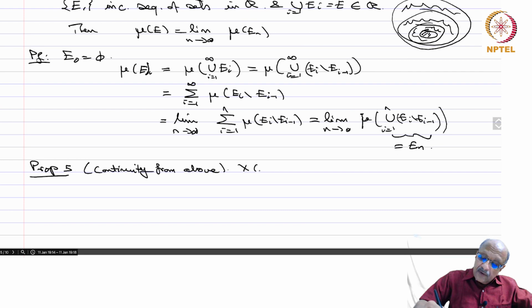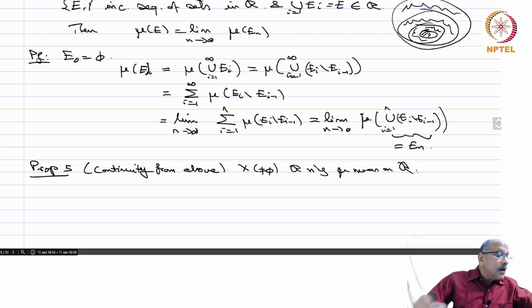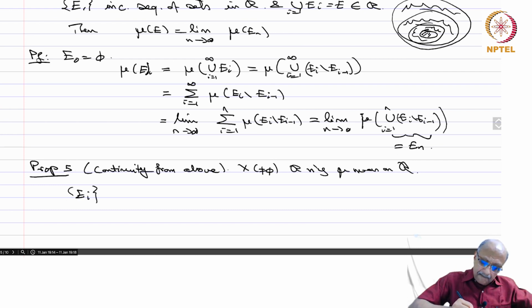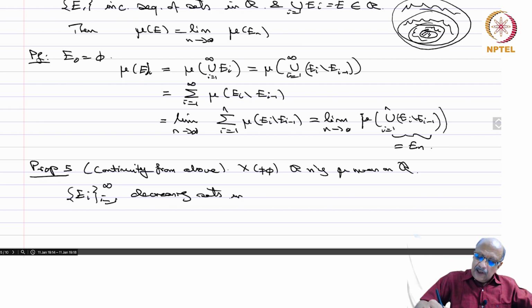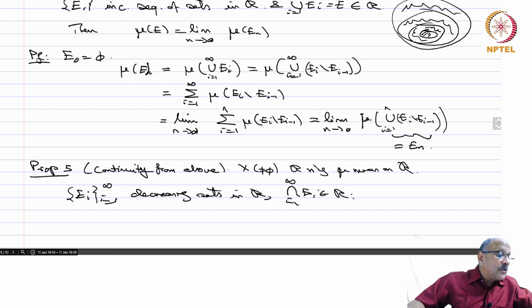So X non-empty, R a ring, mu a measure on R, and then you have E_i, i equals 1 to infinity, decreasing sets in R, and the intersection i equals 1 to infinity of E_i is also in R. So that's also a hypothesis.